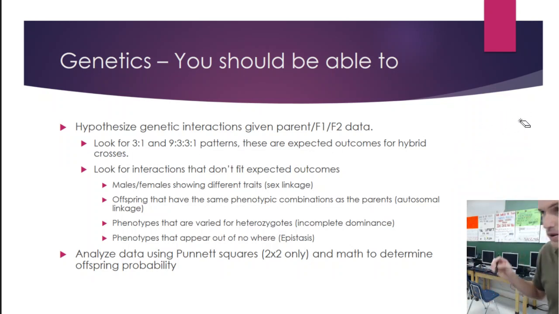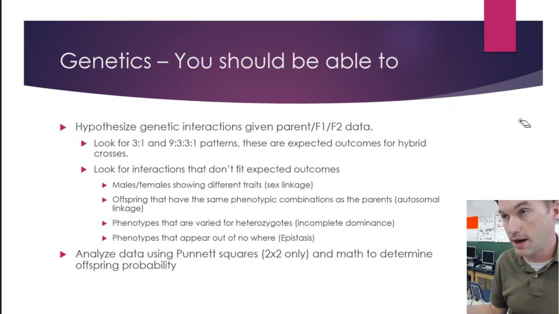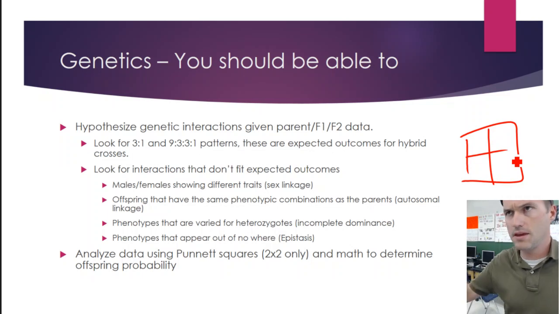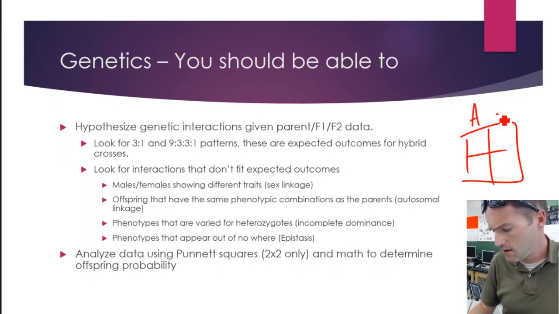It says that you should only ever use 2x2 Punnett squares. So let's say that the genes weren't linked. Let's say you had trait A and trait B, right? And I said that one parent was heterozygous for trait A, and the other parent was homozygous for trait A, and then let's do heterozygous for both parents for trait B, okay?